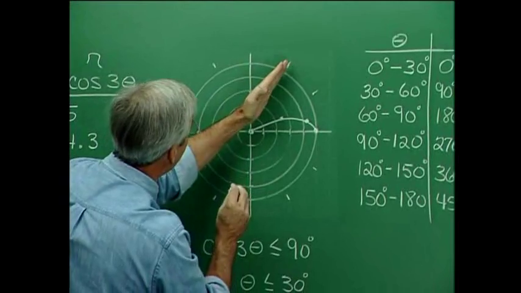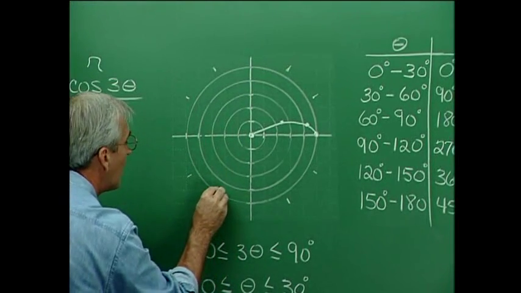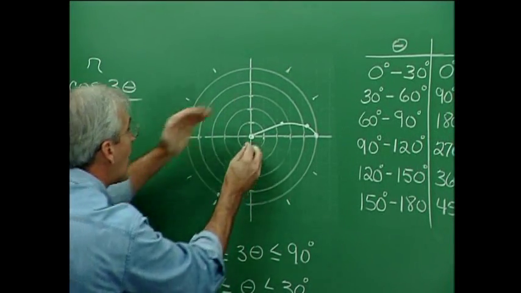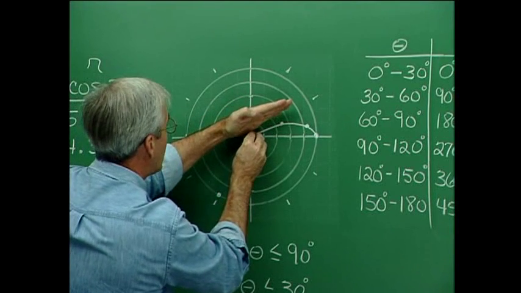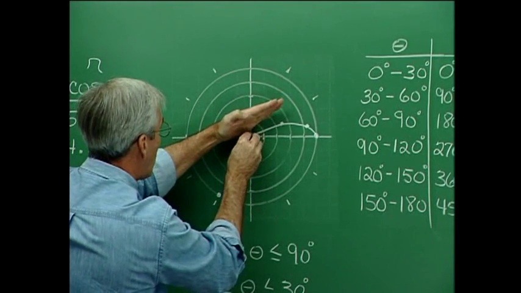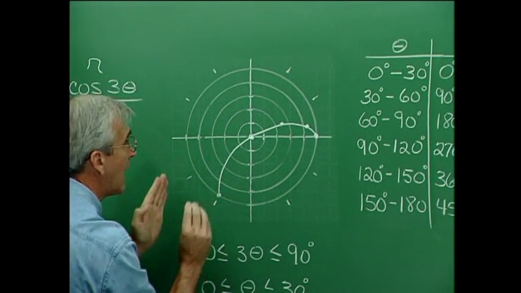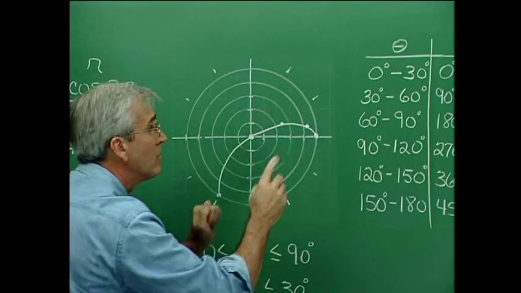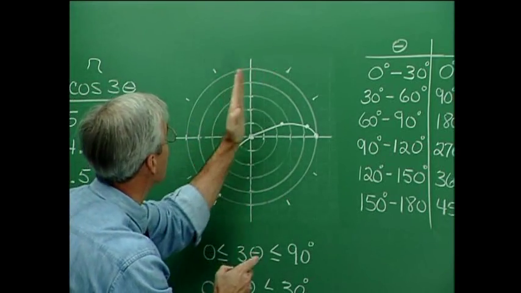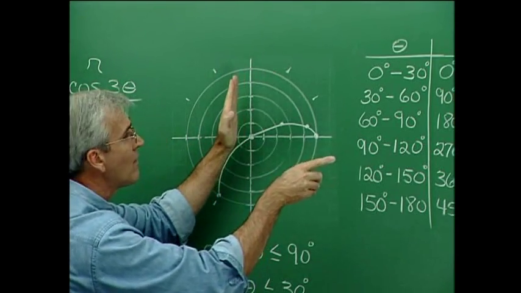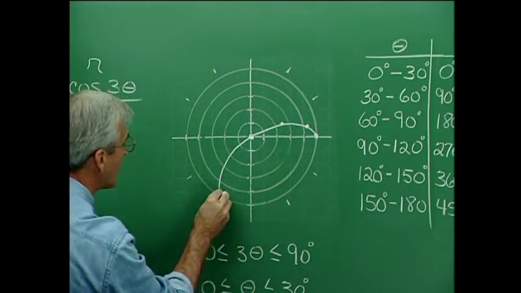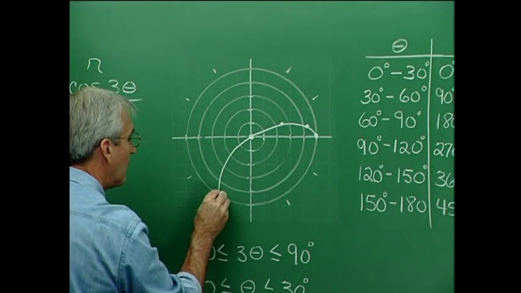Negative 5 at that point, gee, that's back this way, right here. So that graph, as we go like this, that distance is going like this. You see? Like that. And then in the next increment, from 60 to 90, and I'm just reading over there, negative 5 to 0. So from this point, we go back to here.